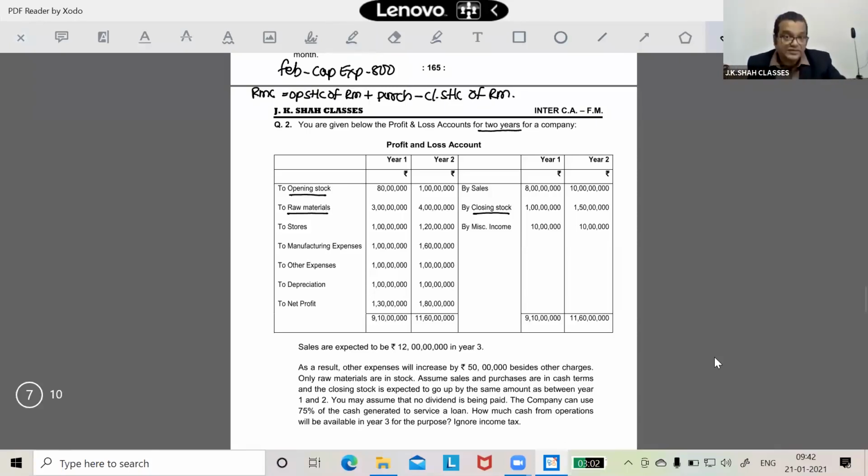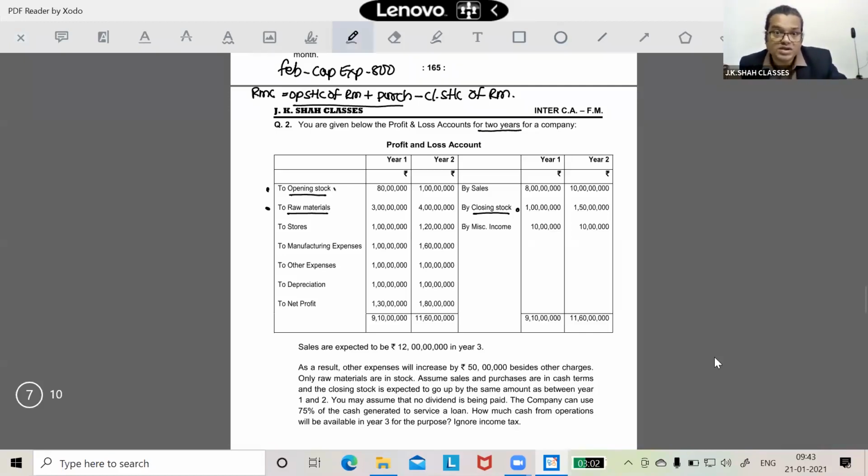So if the raw material given in the question was raw material consumed, then opening stock and closing stock wouldn't have appeared. To the opening stock of raw material, when I add purchases, which is on the debit side, and I subtract the closing stock, which is on the credit side, then what do I get? Then I get raw material consumed.